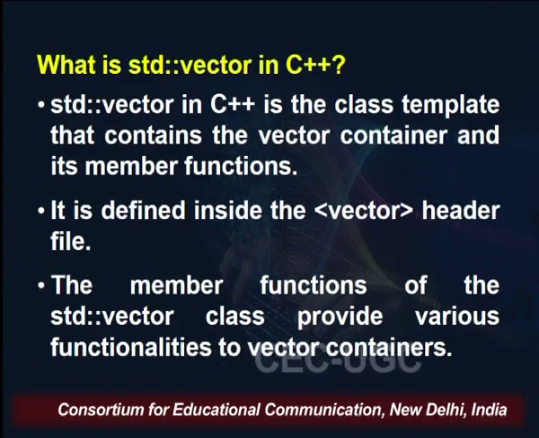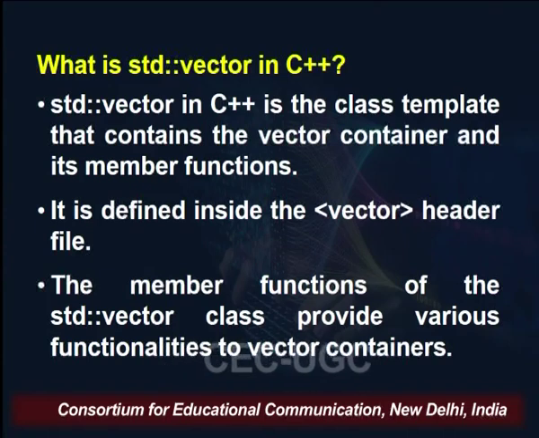Now vector in C++ is implemented as a class template, or I can say this vector is a component of STD, and I am sure you are all aware of what this STD is. So, std::vector in C++ is a class template that contains the vector container and its member functions.